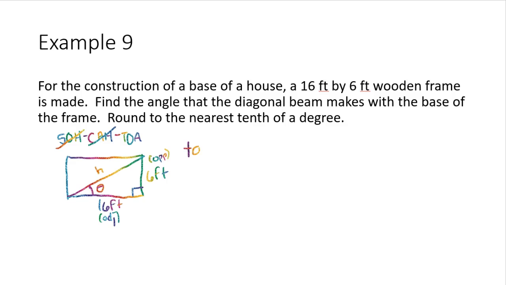Therefore, the tangent of the angle I'm looking for is equal to the opposite side divided by the adjacent side. Now we don't know the angle, okay? So if the tangent of the angle is 6/16, we can say that our angle is equal to the inverse tangent of 6/16.